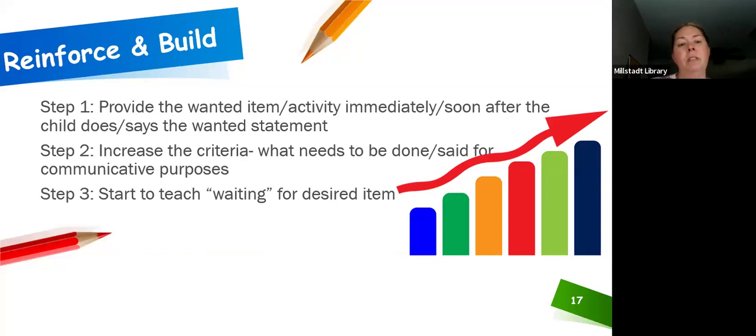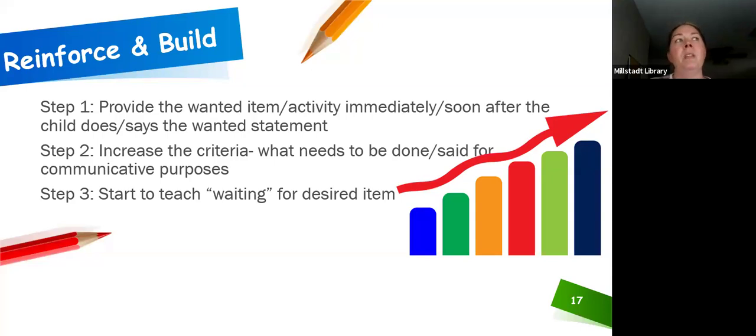And we may also need to teach waiting for a desired item. It may not always be feasible for a parent or a caregiver to give a requested item immediately after requesting it. Or there could be a situation where someone is requesting something that may not be available.